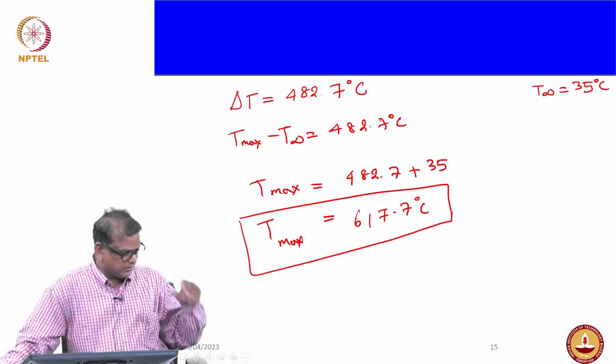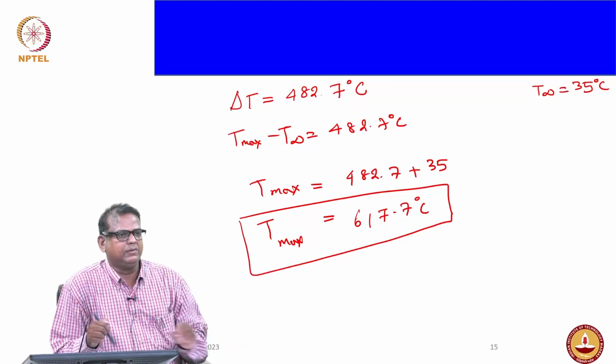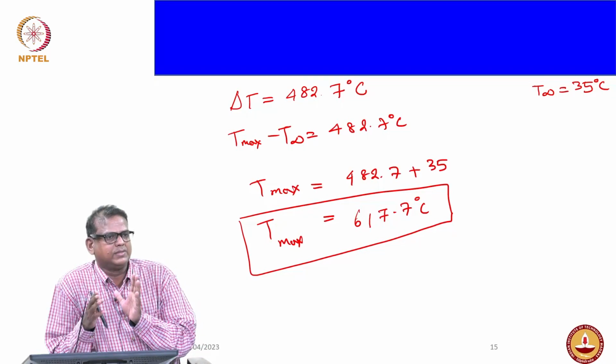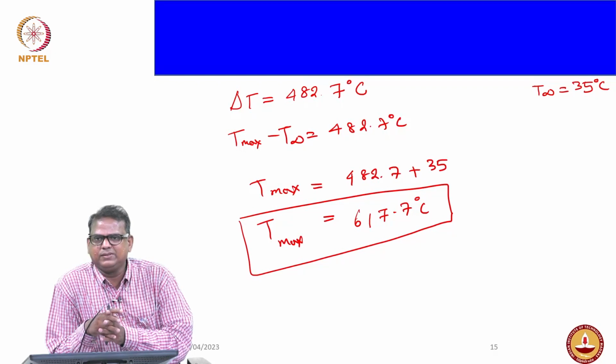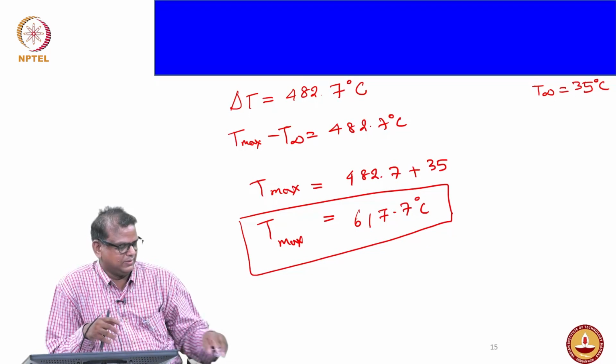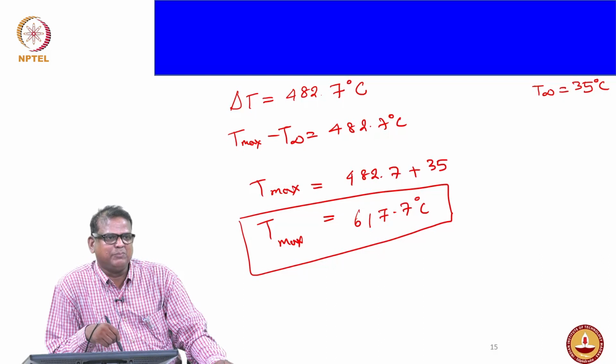So the question is, what is the maximum temperature you are expecting if you use sintered cast iron friction lining? Look at the table we have chosen.